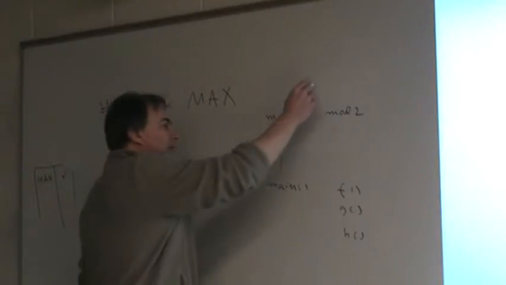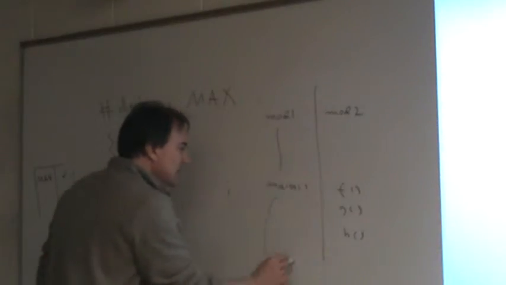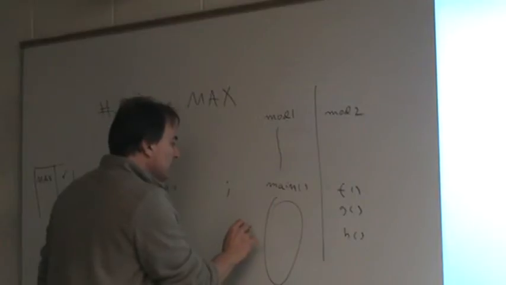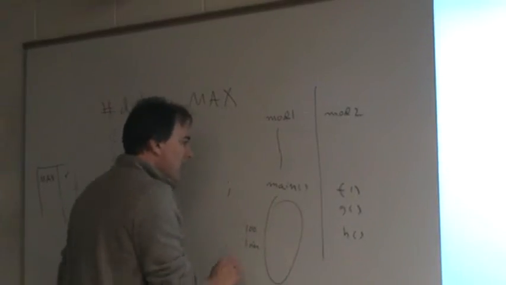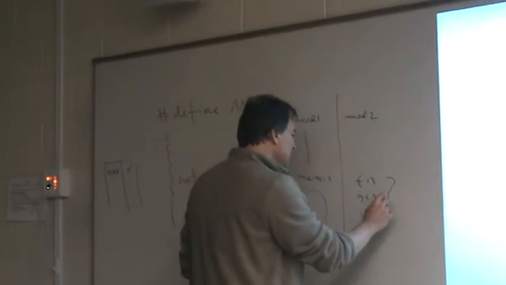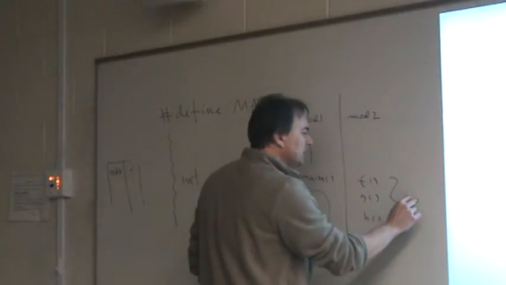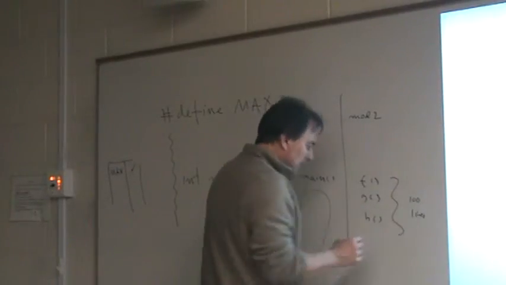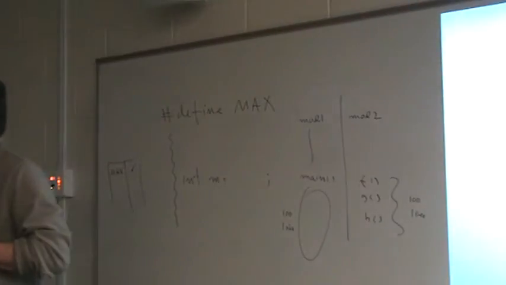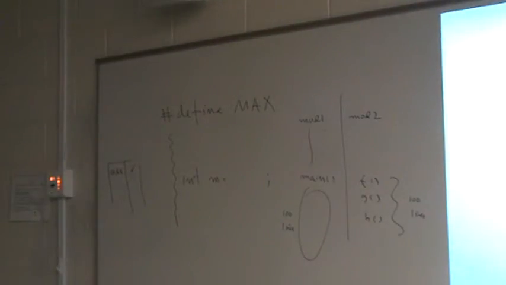Now, let's say the main is going to be 100 lines of code. And let's say f, g, and h together are going to be 100 lines of code. Let's say it's going to take me approximately 2 days to write these codes perfectly. I'm just exaggerating.